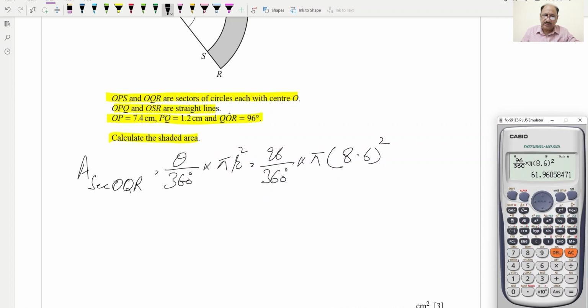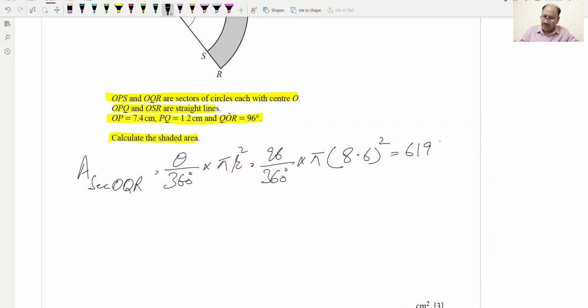This is equal to 61.96 centimeters squared.